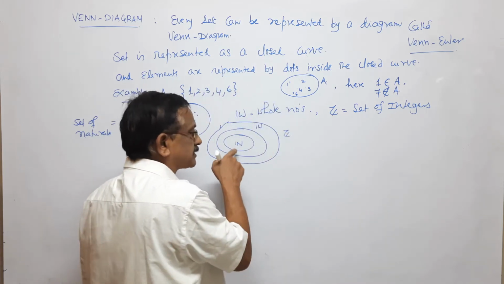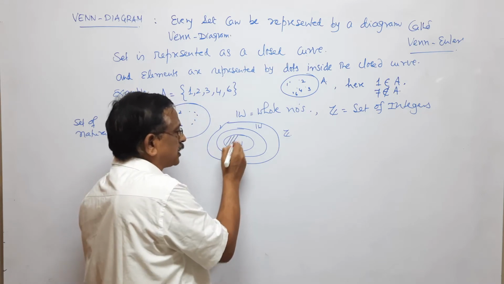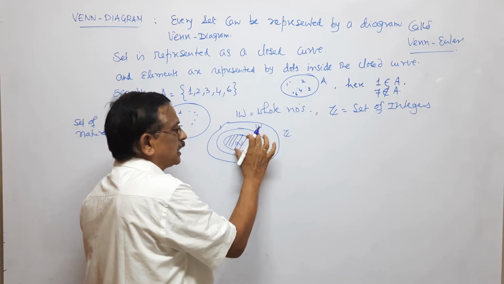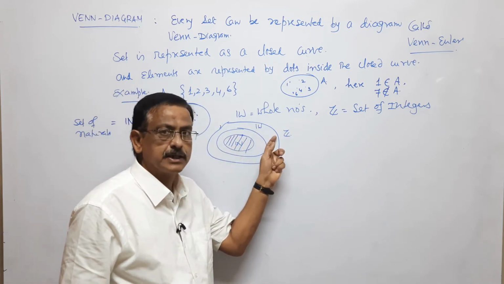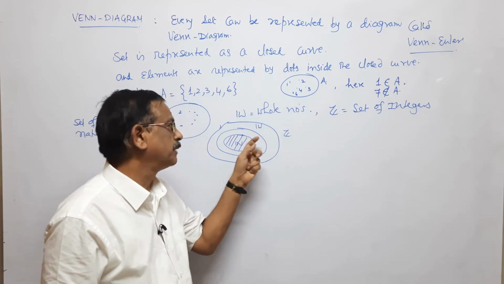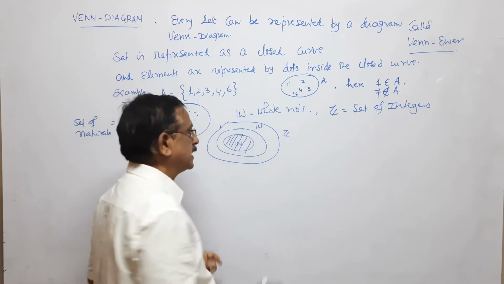Now, from this Venn diagram, one can easily see that every natural number is a whole number. Every whole number is an integer. An integer need not be a whole number, or a whole number need not be a natural number. Let us see.